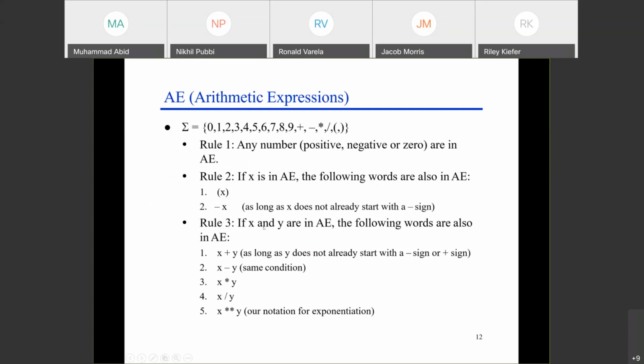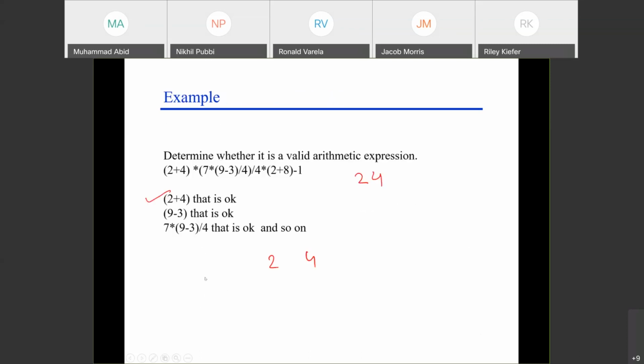It says if x and y are variables, placeholders, if x and y are in arithmetic expression, the following are also in arithmetic expression. You can put plus sign with them, minus sign, star sign, slash, or double star, meaning exponent. So do we have plus here? Yes, we have plus here. So by rule 3, part 1, we prove that 2 plus 4 is also in arithmetic expression.